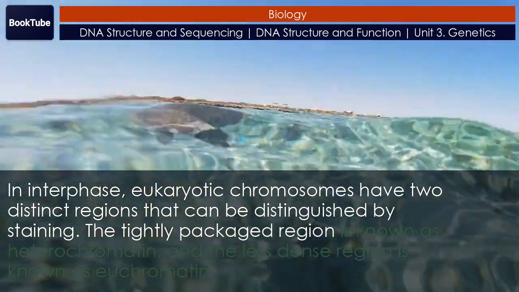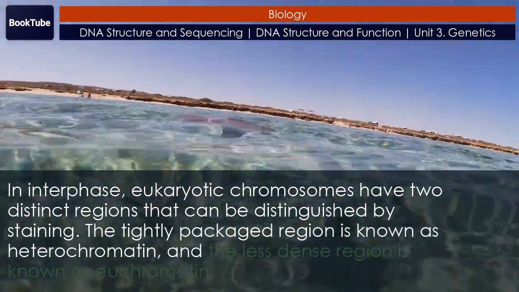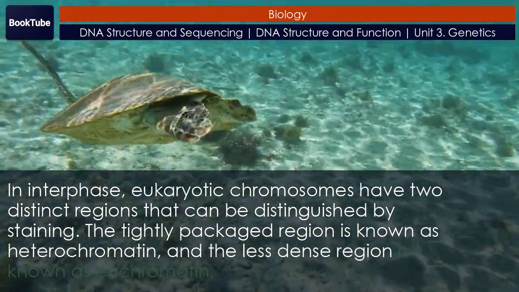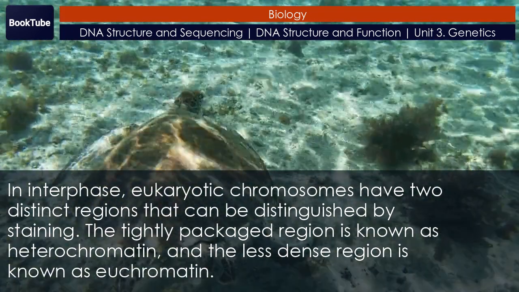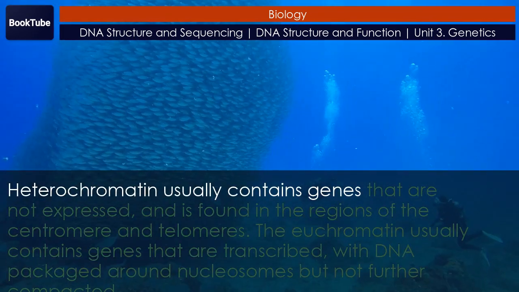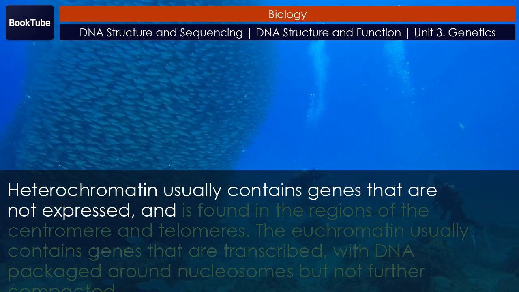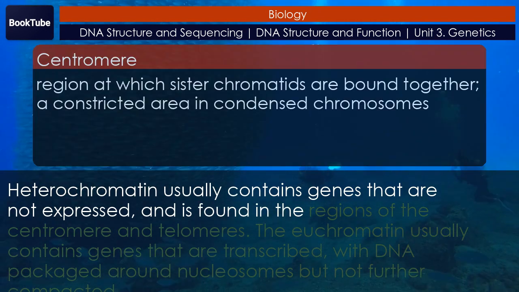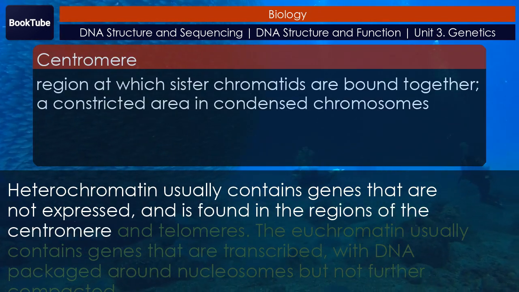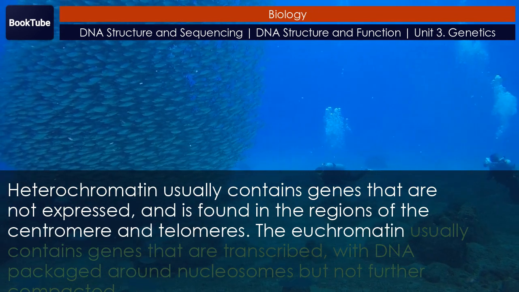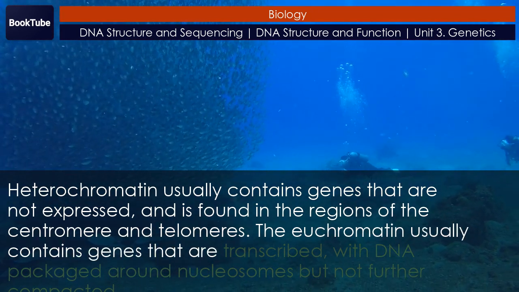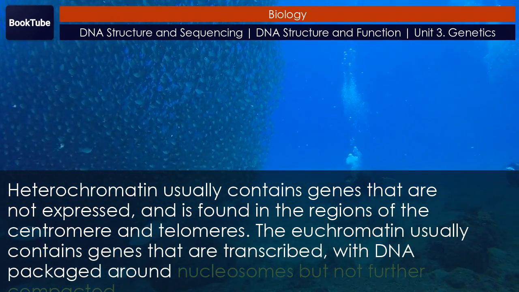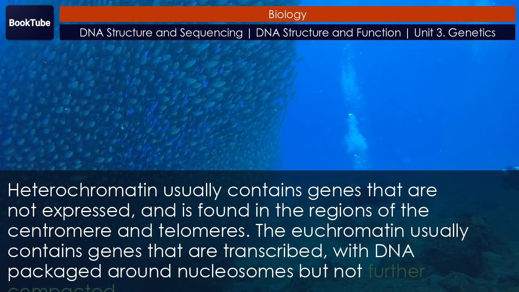The tightly packaged region is known as heterochromatin, and the less dense region is known as euchromatin. Heterochromatin usually contains genes that are not expressed, and is found in the regions of the centromere and telomeres. The euchromatin usually contains genes that are transcribed, with DNA packaged around nucleosomes but not further compacted.